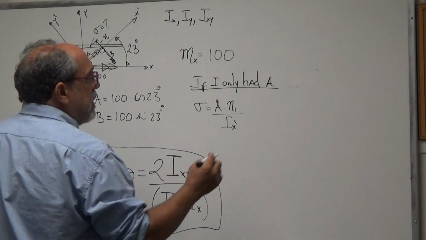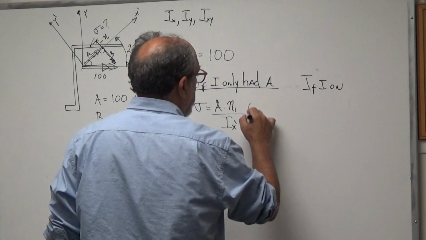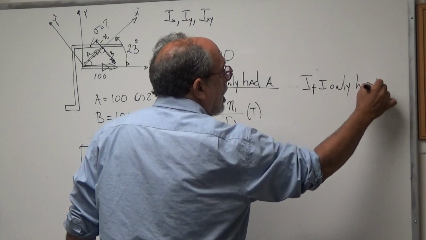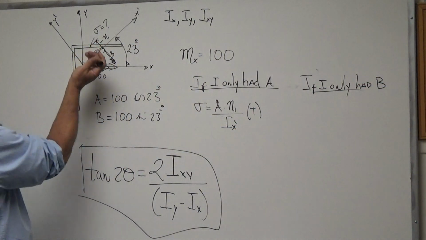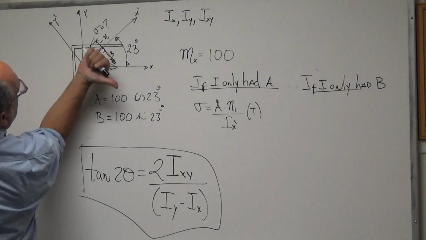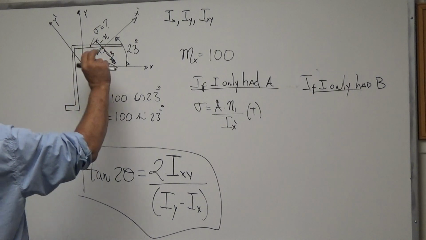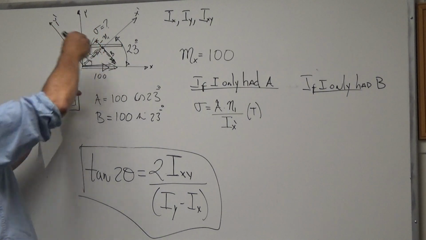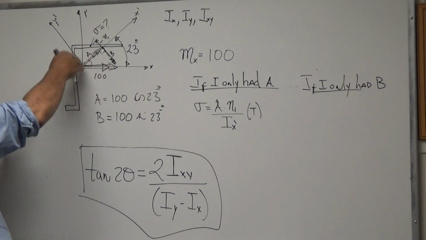Now, if I only had B, then B is going to be like this, right? That means that the stresses on the right side of the Y prime are coming up, and the ones on the left side or the bottom side are coming down.